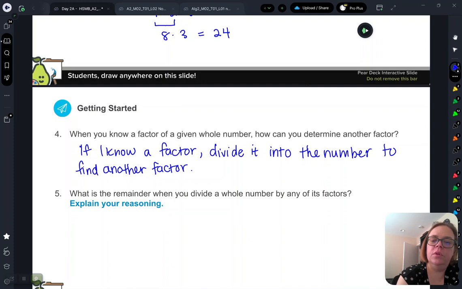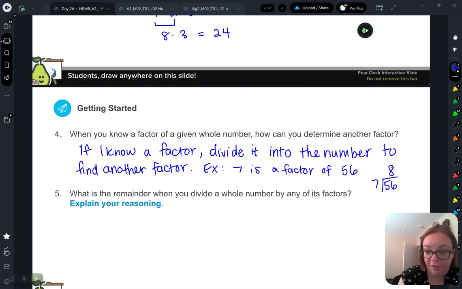For example, 7 is a factor of 56. So you can do 7 into 56 is 8. That gives you another factor. Then from there, you can even make a full factor tree. You can break down the 8. 2 is a factor. 4. 14 is a factor because you can kind of move the 2 times the 7.